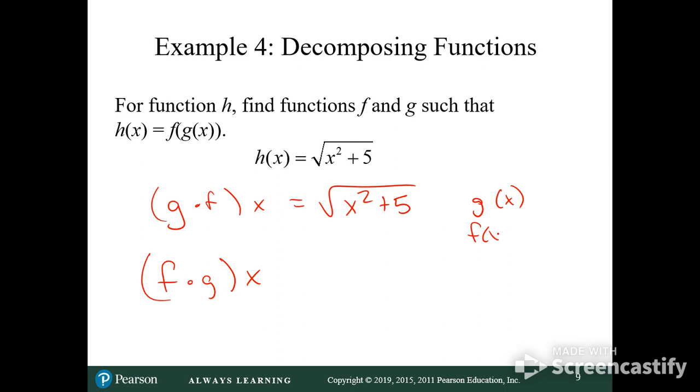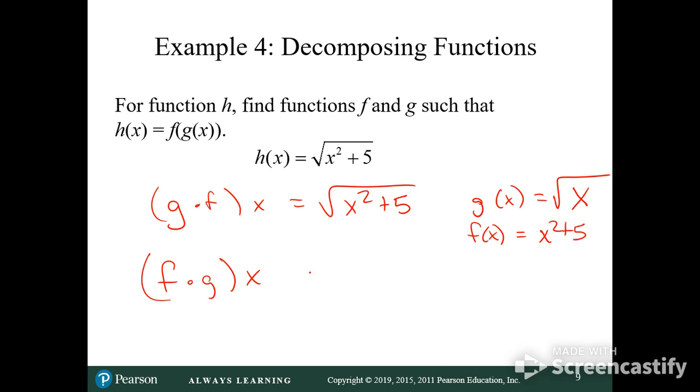What would f of x be? Well, g of x could be, if you're putting f of x into g of x, just the straight square root of x. So then what would f of x have to be in this case if g of x was just a straight square root of x? x squared plus 5. Exactly.